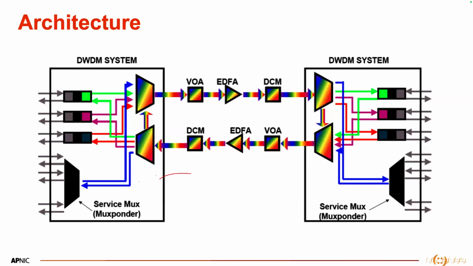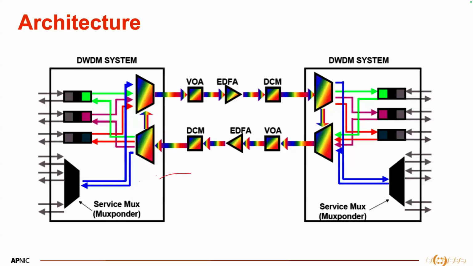This signal is used for doing all kinds of management in the system. We call it OSC, optical supervisory channel. So OSC is responsible for carrying all the management and control communication related activities in the whole network for all the nodes.